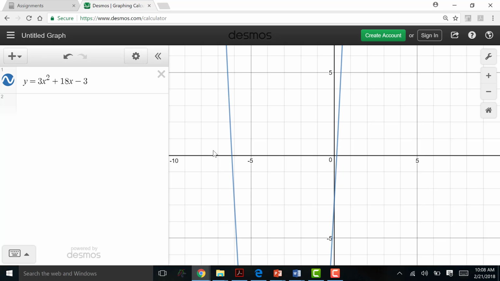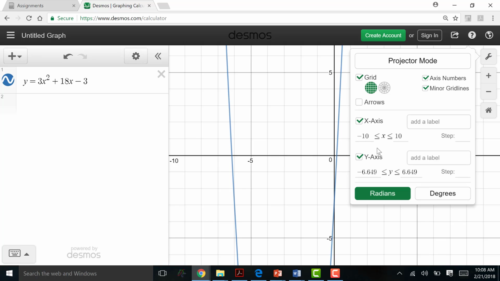Now remember I said look at the numbers that are in your equation. Well, 18 is the biggest number, and I don't have anything that's close to 18 on my x and y-axis. So go click on your wrench. We're going to change my y-axis. I'm going to adjust these numbers here.